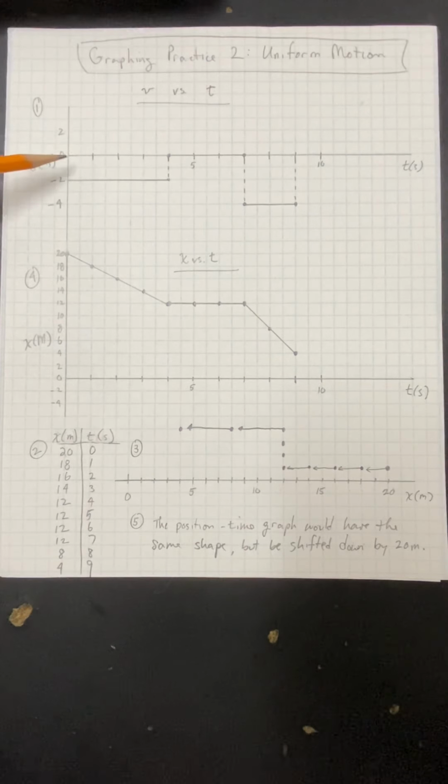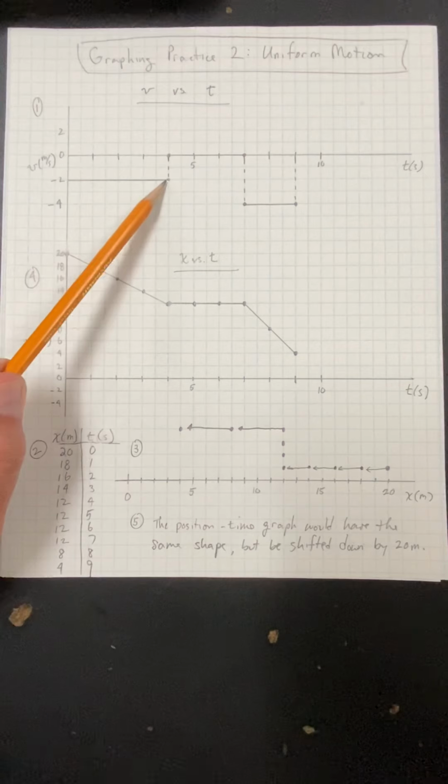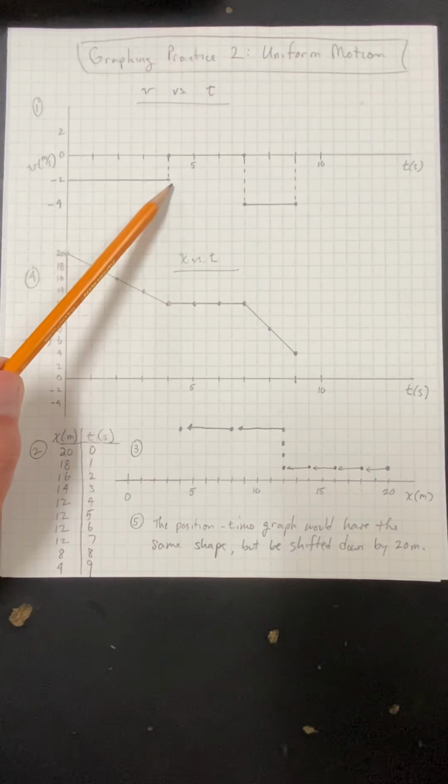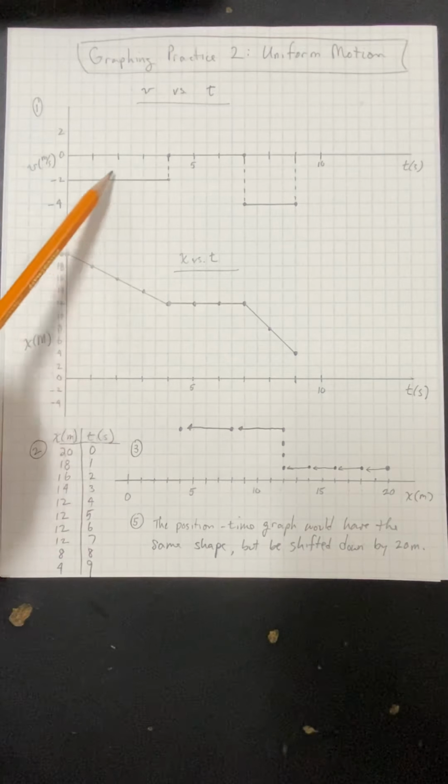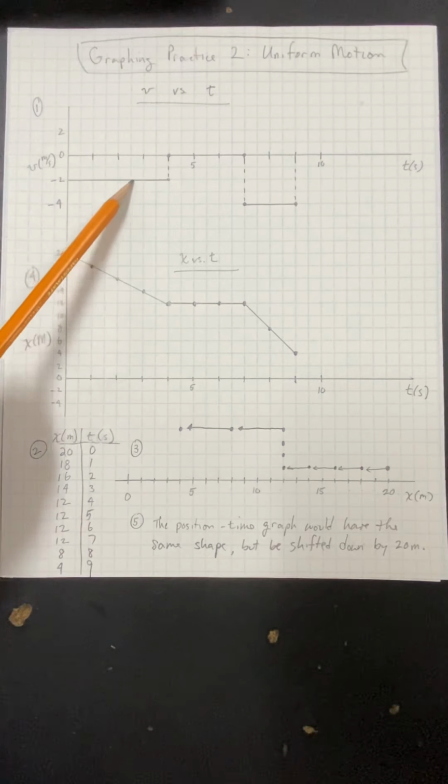You were given the fact that this thing for 4 seconds had a uniform velocity of -2 meters per second. For 3 seconds, the object remained stationary, and for 2 seconds, the object moved with a uniform velocity of -4 meters per second. So, for 4 seconds, that's 1, 2, 3, 4 seconds, the thing had a uniform velocity, uniform meaning unchanging, of -2 meters per second.